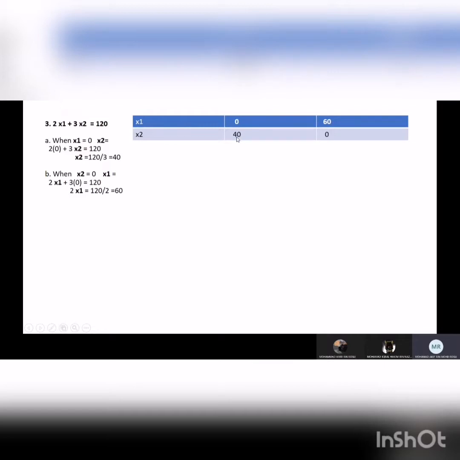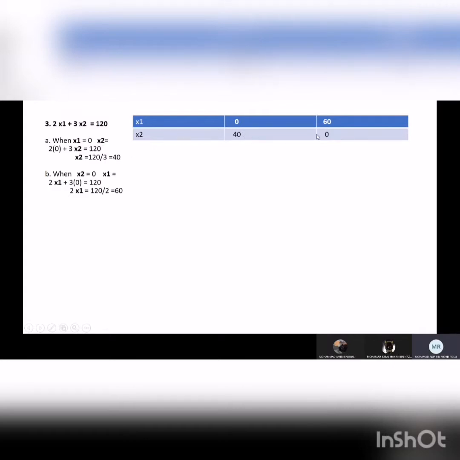How can we get 40? As you can see, when x1 equal to 0, 2 times 0 plus 3x2, because there is no x1, it will be 120 divided by 3 equal to 40. So this is how we can get the x2.